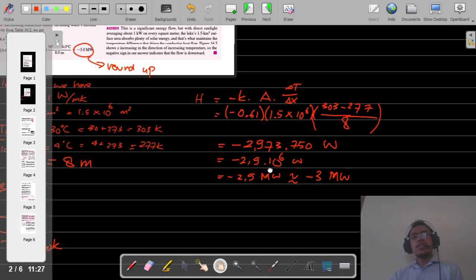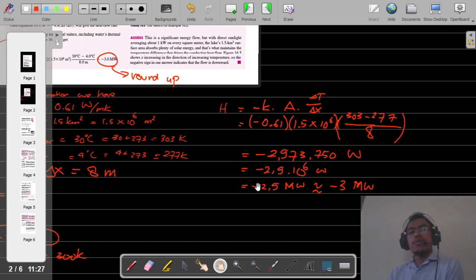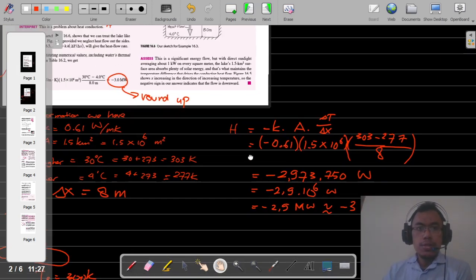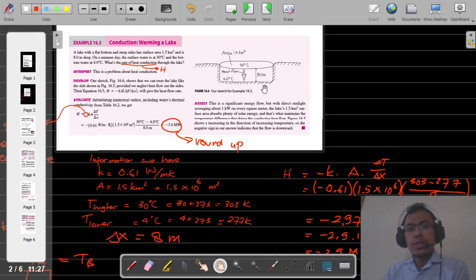So this is the application of conduction theory to calculate the heat transfer from the surface of the lake to the bottom of the lake.